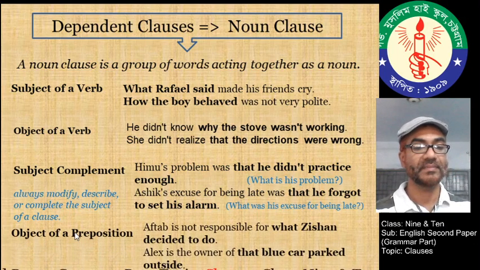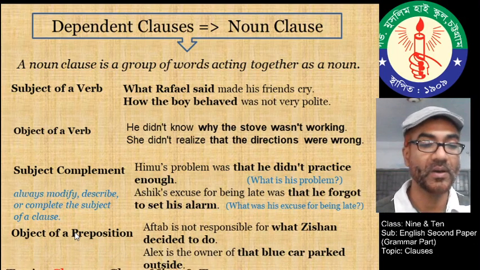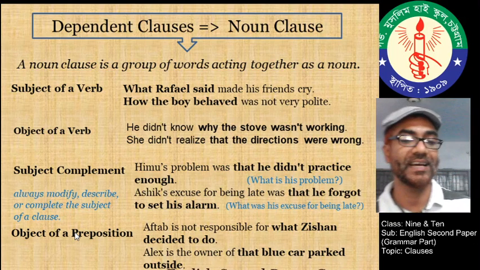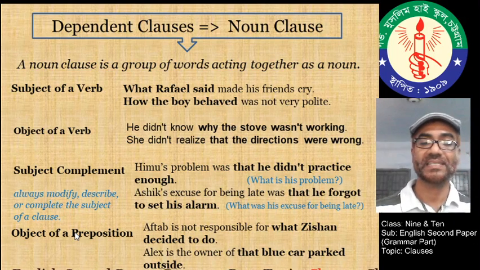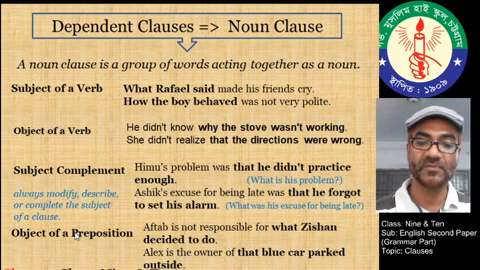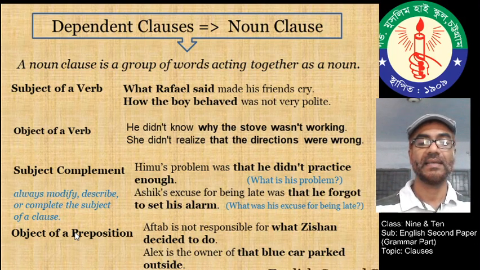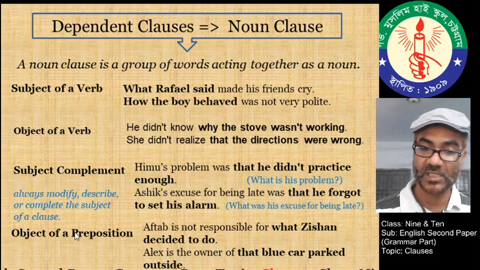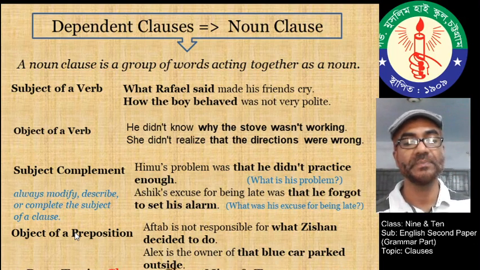And next one, the last one, object of a preposition. Prepositions like for and of. You see, Aftab is not responsible for what Jishan decided to do. Here the object of the preposition for is what Jishan decided to do.